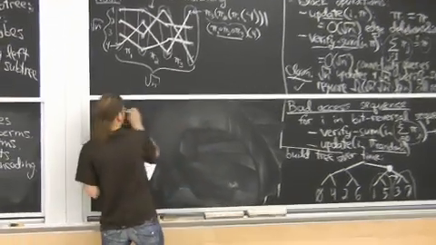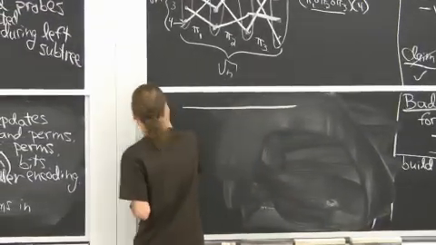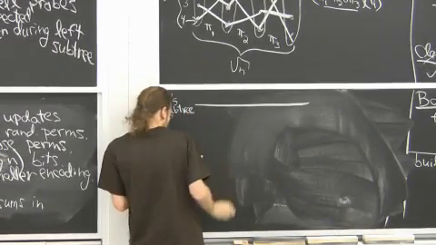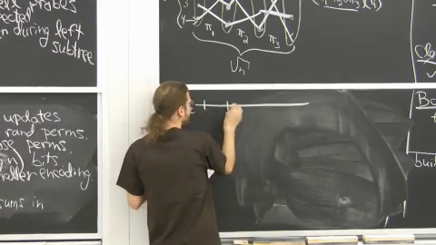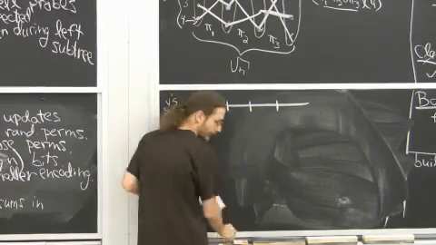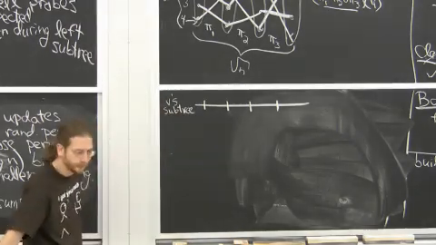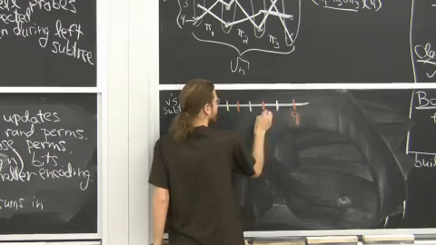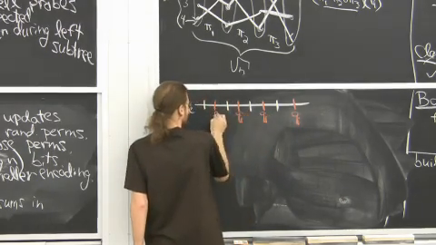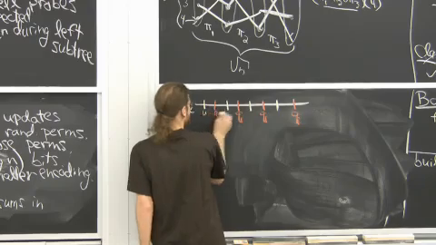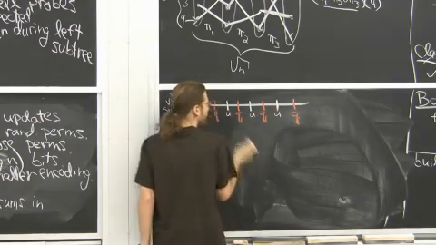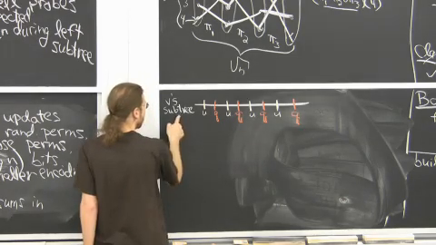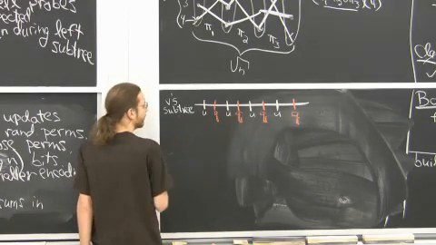So if we look at time here, let's say this is V's subtree, then what we have are a sequence of updates and a sequence of queries. These are queries, and these are updates. This is what the sequence looks like. Sorry, this is V's subtree. This is the pi i's, I should say.